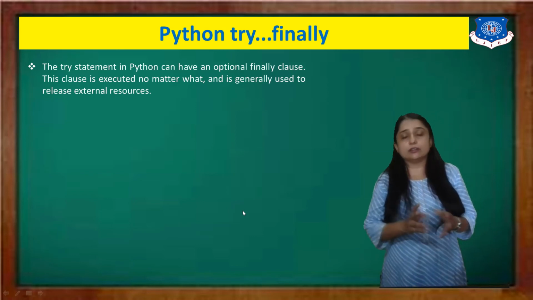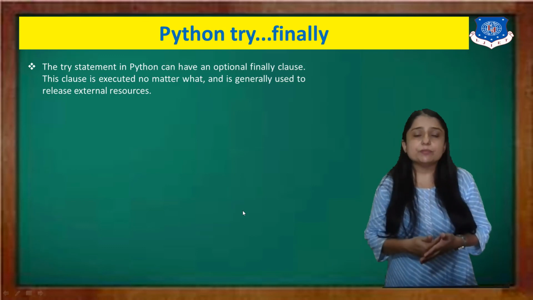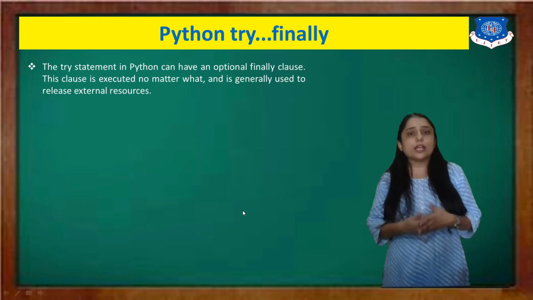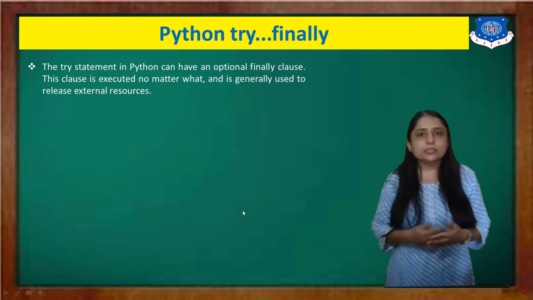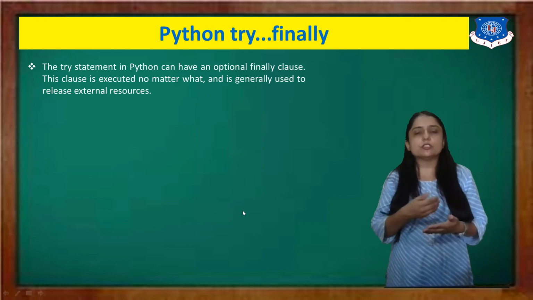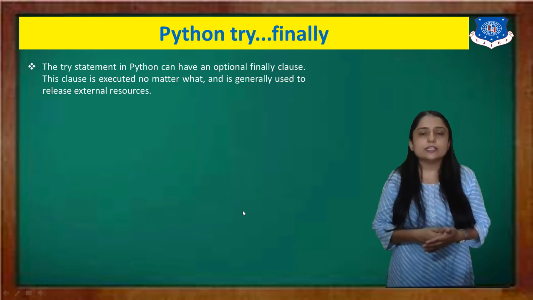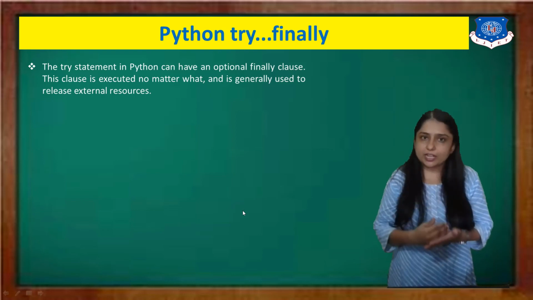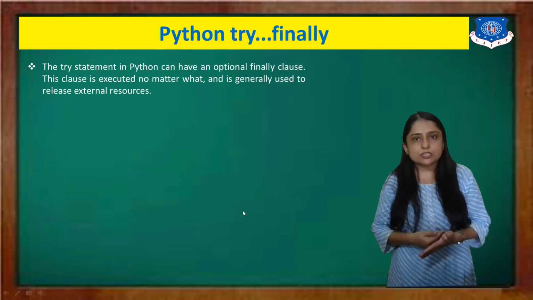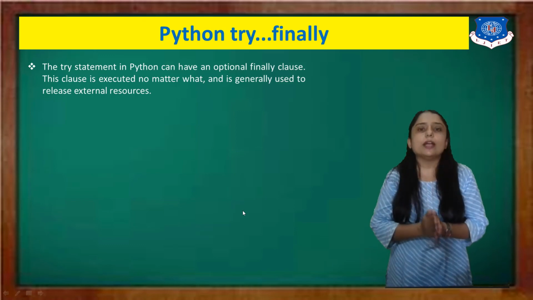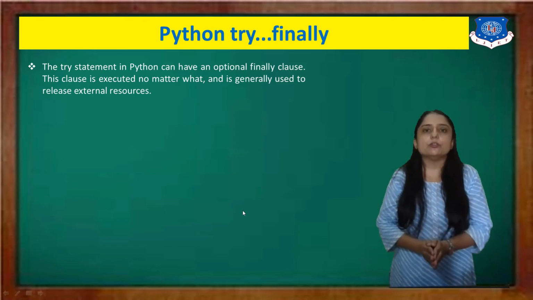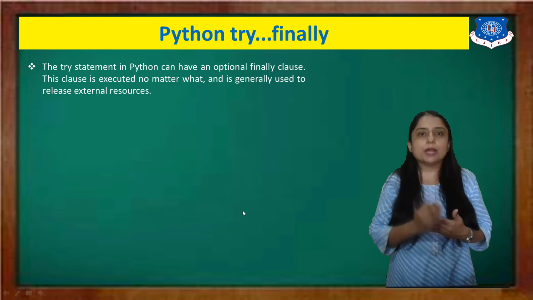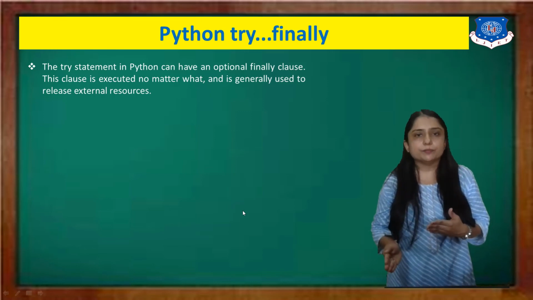In a try-else statement, if my try block executed properly and I want to execute some particular block, I write that inside the else. But no matter what, whether the try is correct or any exception is there, if I want to execute this particular code, then I have to use the Python try and finally.